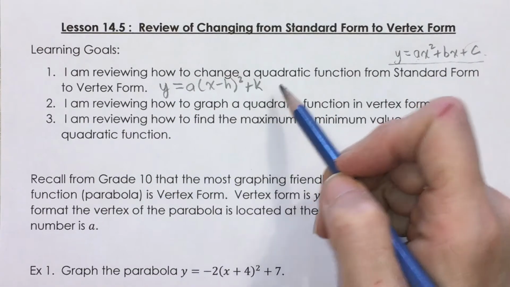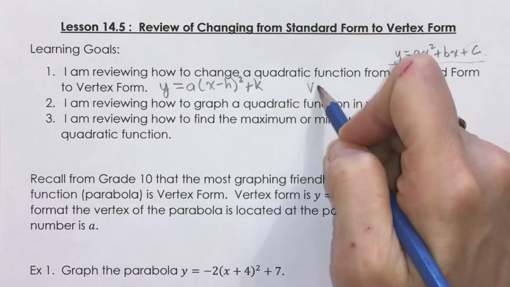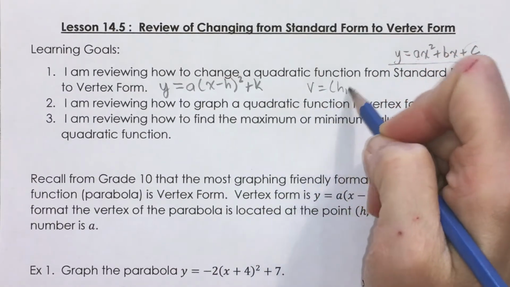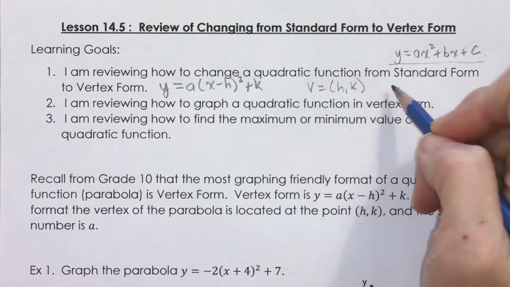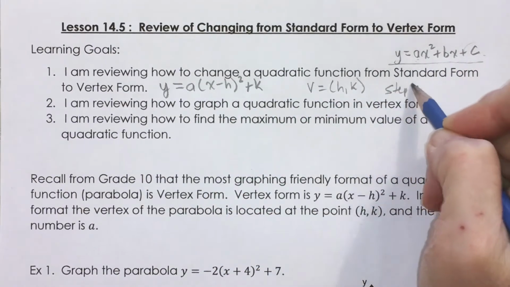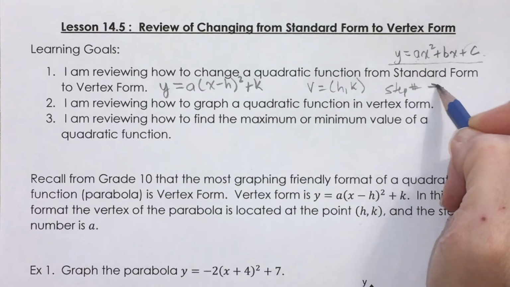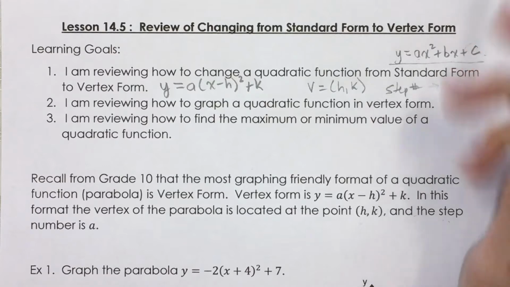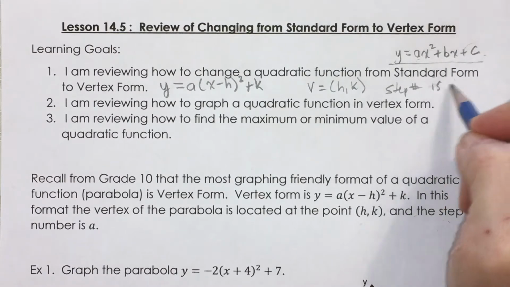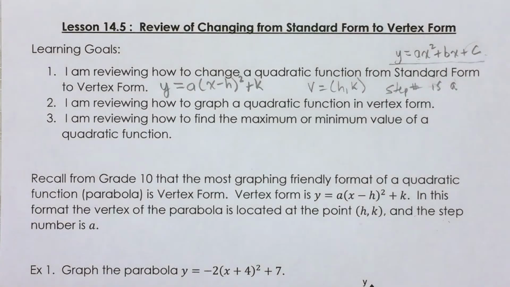Whereas in vertex form, you know the vertex is (h, k), and you know the step number is a. So using the vertex and the step number, you can draw the graph easily.